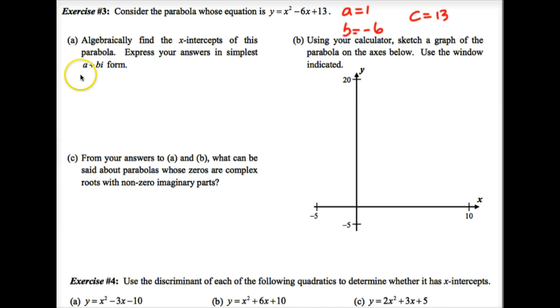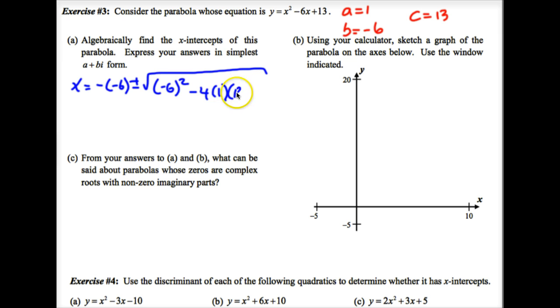This becomes x is equal to minus b plus or minus the square root of minus 6 squared minus 4 times 1 times 13, that's my C, over 2 times 1.